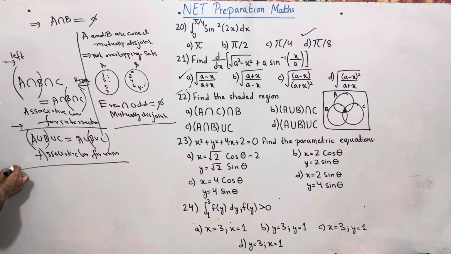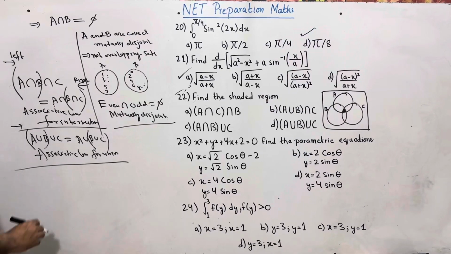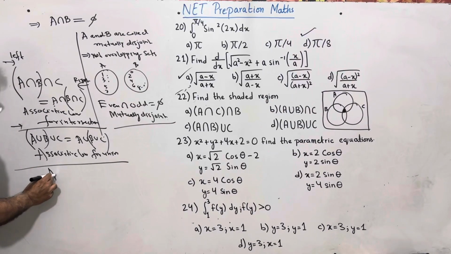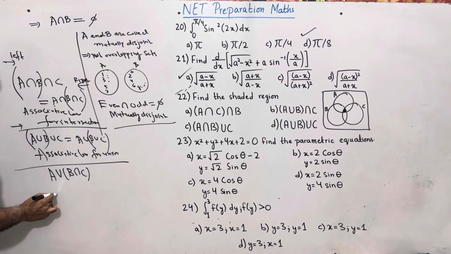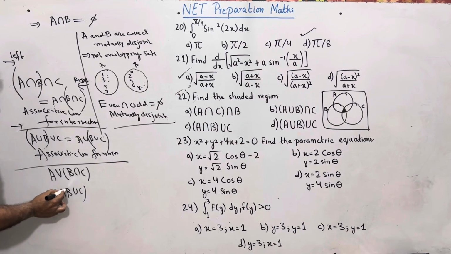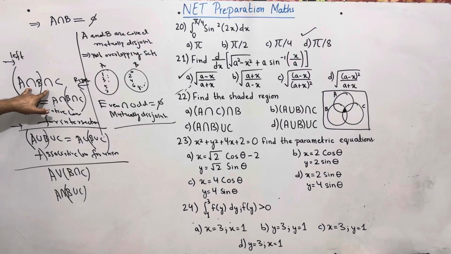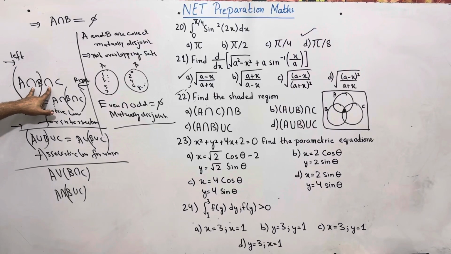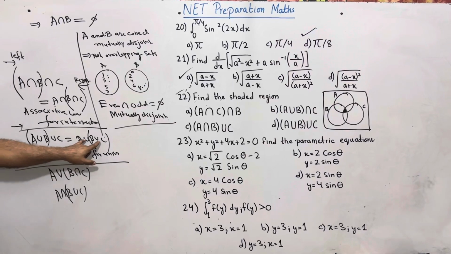And finally, let me give you a good example of the distributive law. A union B intersection C, or A intersection B union C. Look at this. In the associative law, both symbols are identical: intersection, intersection, while in union, there is also union.